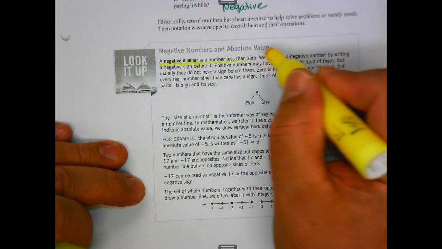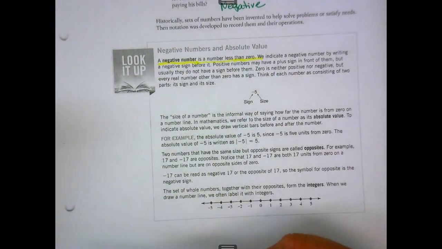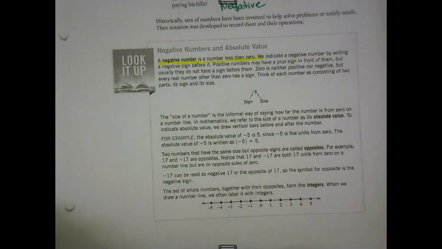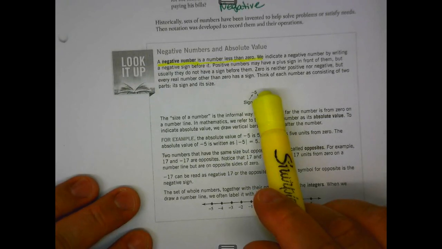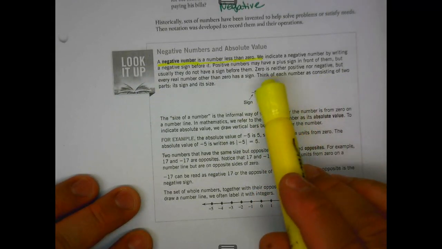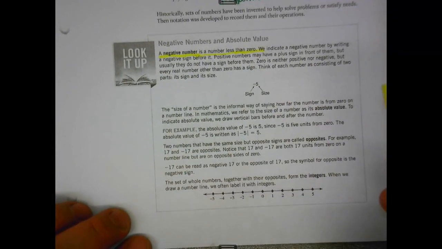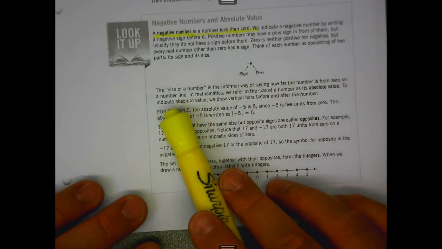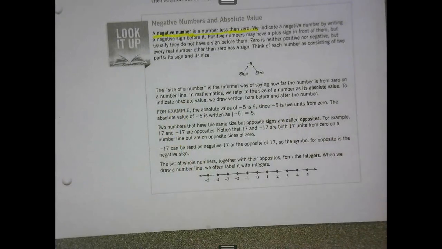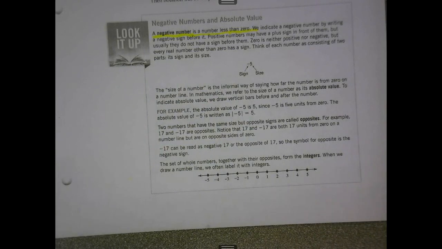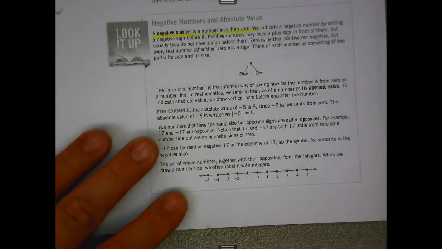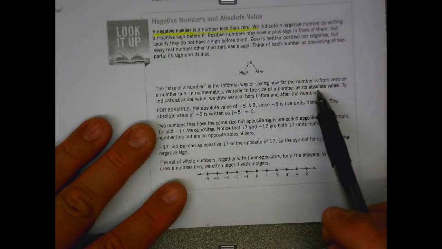Positive numbers have positive signs in front, but we never really write them. The size of the number is where it is on the number line. The size of the number is its absolute value. Absolute value means the distance from 0.